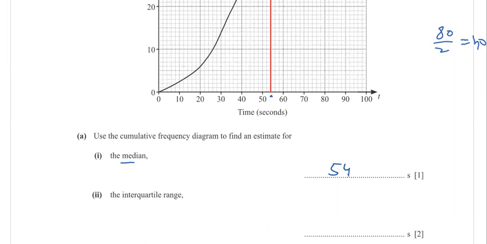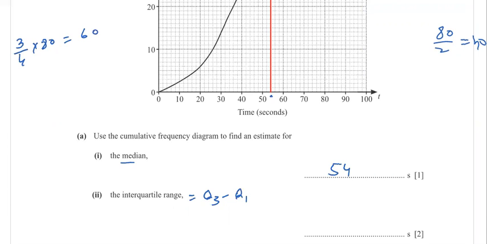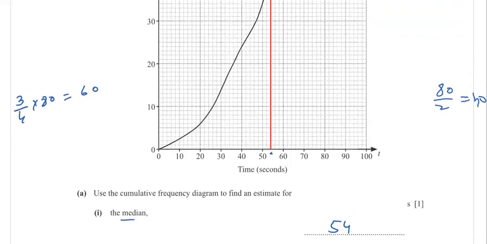Now, next, interquartile range. We know that interquartile range is Q3 minus Q1. But first we need to find Q3 and Q1. To find Q3, I know that Q3 is 3/4 of the last cumulative frequency. If I calculate 3/4 of 80, it's 60. Now from 60, I have to draw the line and must show the line on your graph.